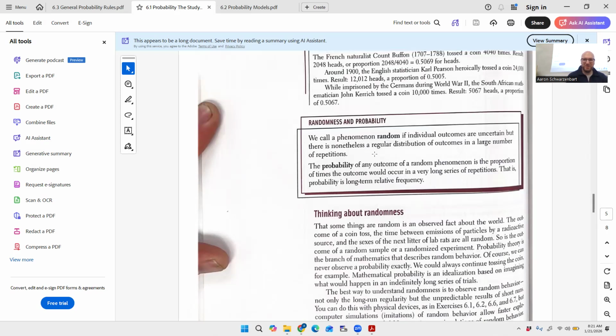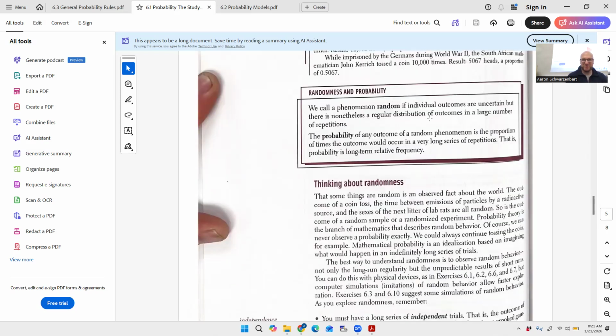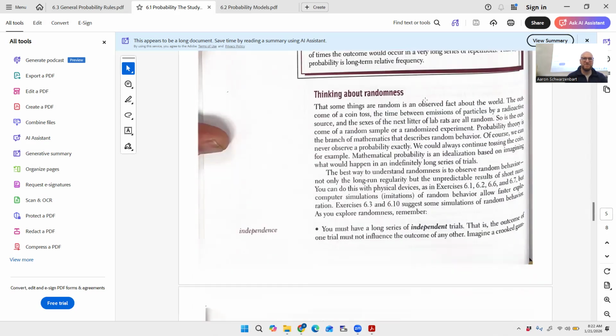So we call phenomenon random if individual outcomes are uncertain, but there is nonetheless a regular distribution of outcomes in a large number of repetitions. So if there's no regularity with a large number, it's not random. If there is regularity, the probability of any outcome of a random phenomenon is the proportion of times it would occur in a very long series. 24,000 isn't even a very long series.